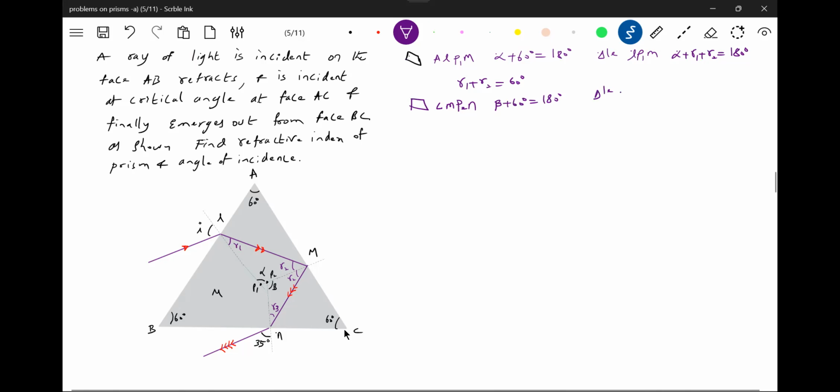So in triangle MPN, this should be equal to 180 degrees. Solving all this, again we'll get R2 plus R3 equal to 60 degrees.